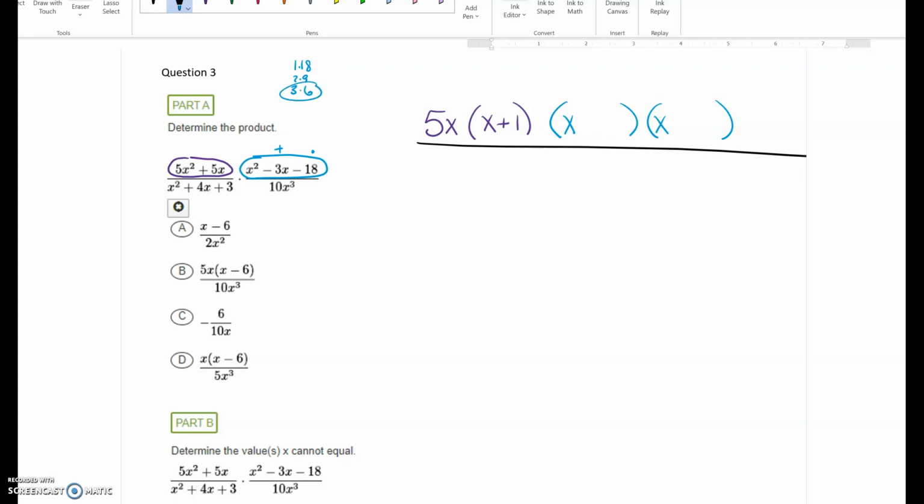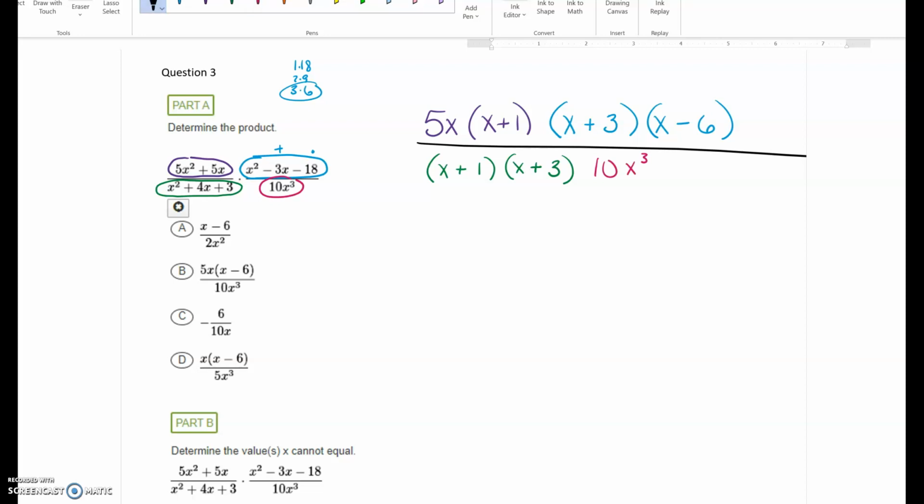If we did positive 3 and negative 6. Now we need to factor x squared plus 4x plus 3, two numbers that multiply to give us 3. The only way to do that is 1 and 3, and 1 plus 3 is 4. And then 10x cubed, it's just 10x cubed.